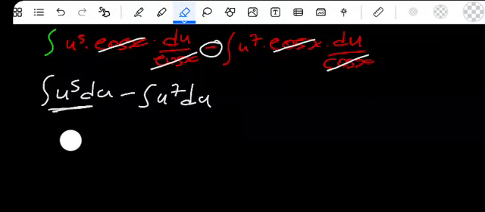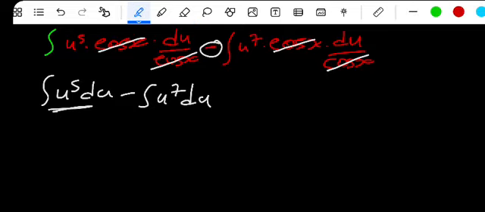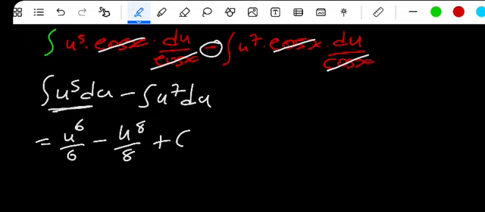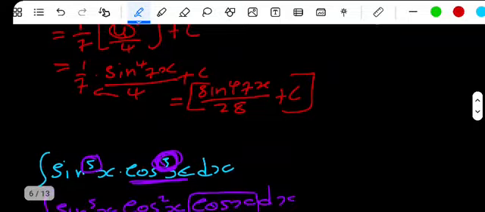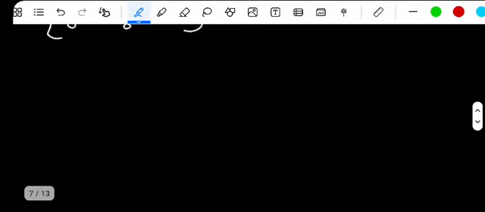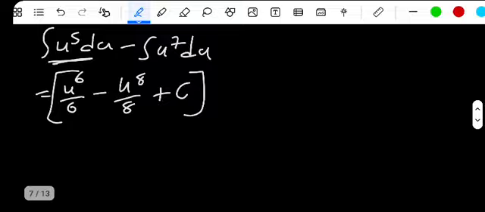So this will be equal to u raised to the power of 6 over 6. Are we together then? Minus u to the power of 8 over 8, plus the constant c, to show that we have integrated. Hopefully I did okay. This is what we have.